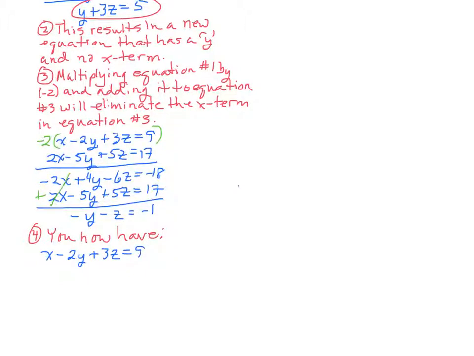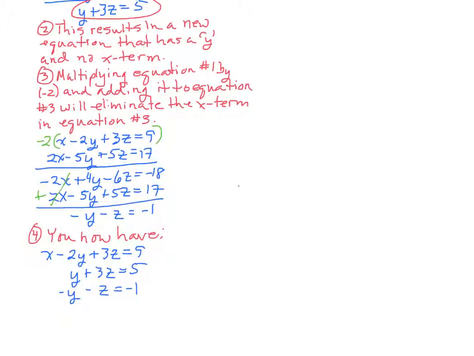Then we got our second equation from this one right here: y plus 3z is equal to 5. And then we just developed this equation right here as our third one: minus y minus z equals negative 1.